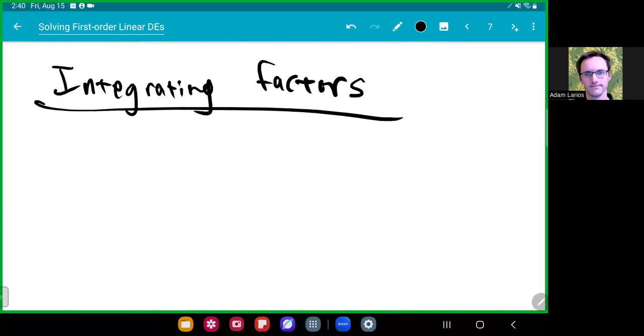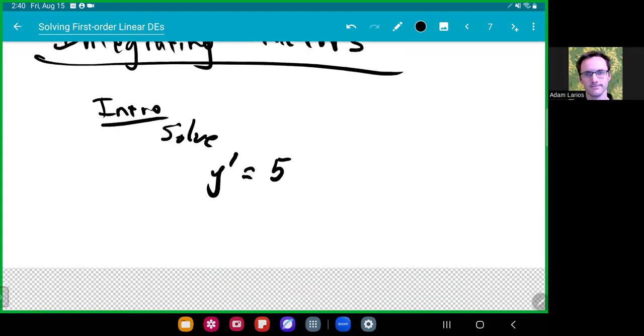I want to introduce this by building it up from a simple idea and making that idea more and more complicated with each step. So let's take a look. First, let's intro. Let's solve y prime is equal to 5. I think you can do this.